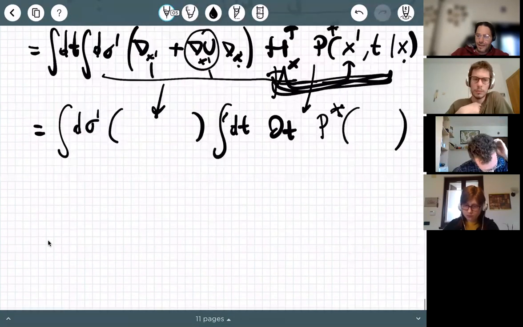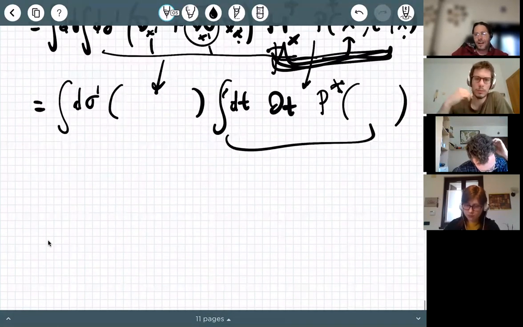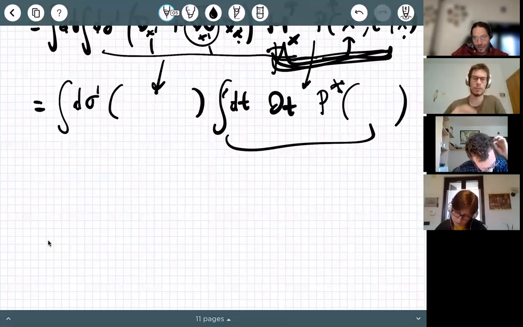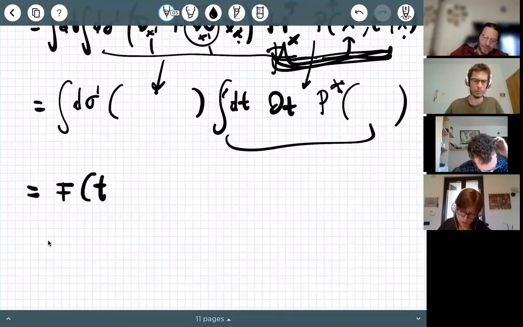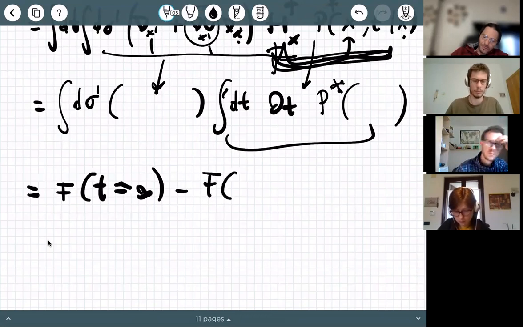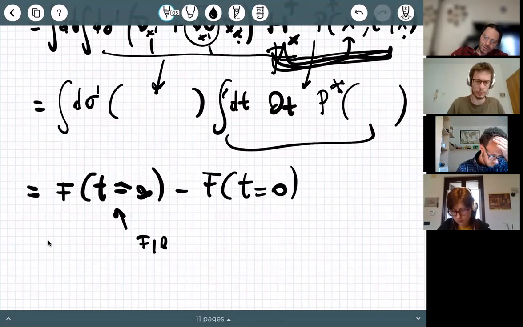And now look, I can do this integral. It is the integral of a partial derivative, fundamental theorem of calculus. And therefore, I can say that this is a function that depends on t equals infinity minus a function that depends on t equals 0. And this function is the first passage time distribution.